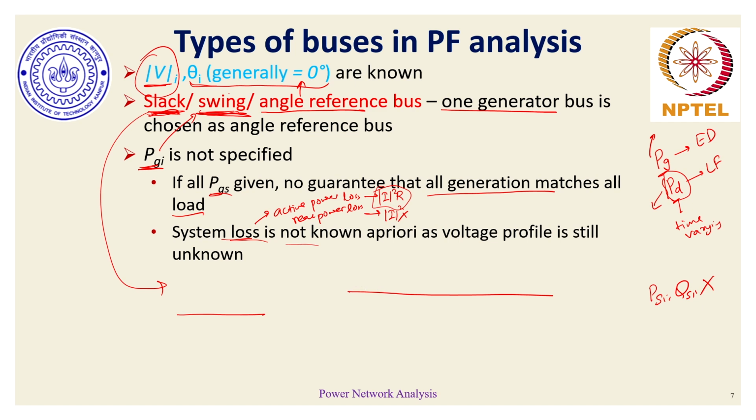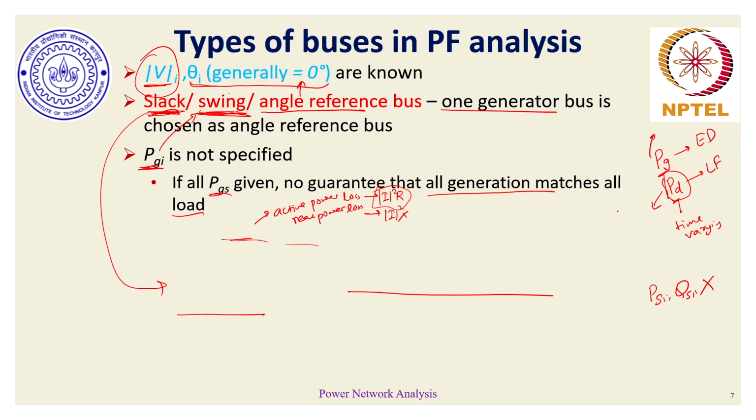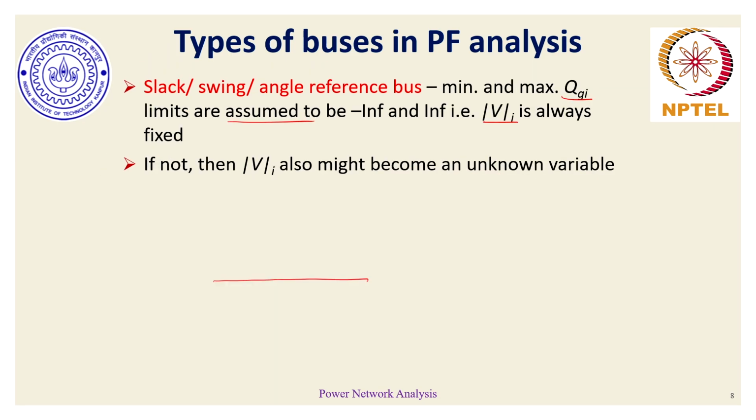Like the way we would have difficulty finding the actual phase angles from voltage phase angle differences, if one of the voltages is not chosen as a reference, what would we usually expect? We would expect that in per unit analysis, if our voltage bases are chosen properly, voltage magnitude should be a number close enough to 1 per unit.